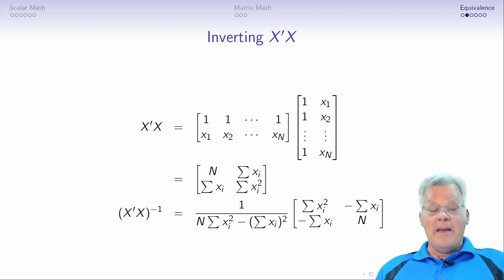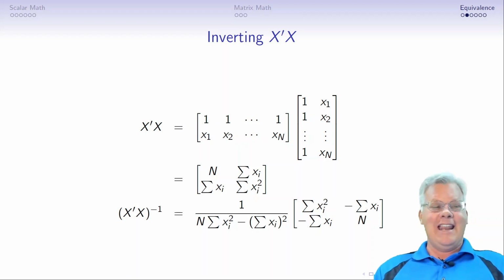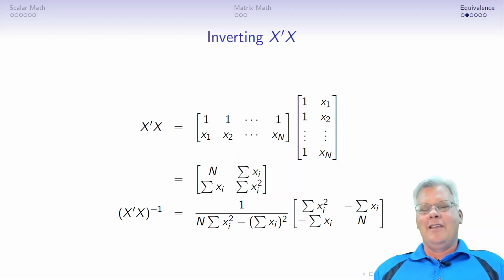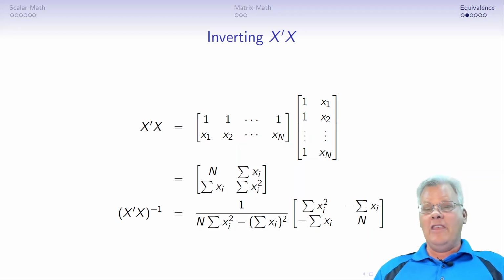This is a symmetric matrix, so the first element of the second row is the same as the second element of the first row. And then finally, in the final column and bottom row, we have the sum of the individual x's squared.